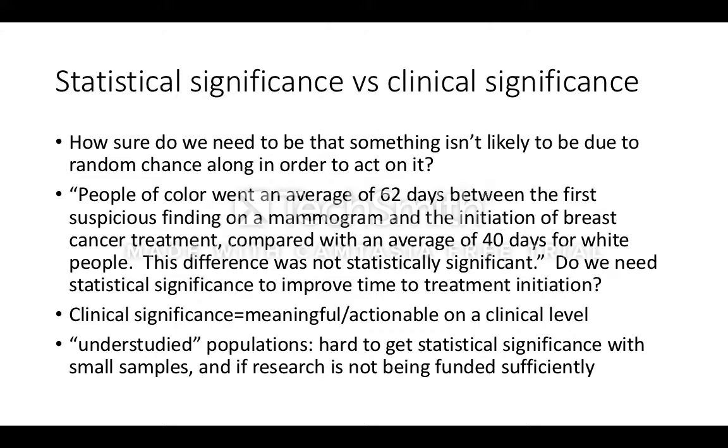Then a bunch of research came out and found that there wasn't a statistically significant difference in outcomes between people, and I believe the age range was 30 to 40, who had their cervical cancer screening once a year and people who had their cervical cancer screening every 3 years.